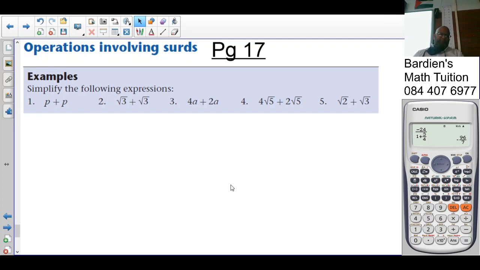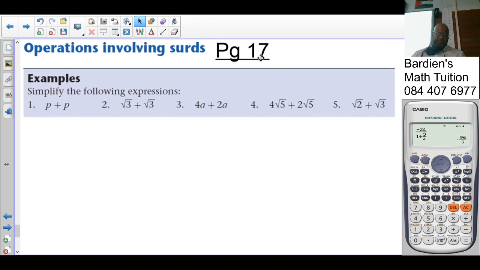The question says simplify the following expressions. So in number 1, what do you think P plus P is?